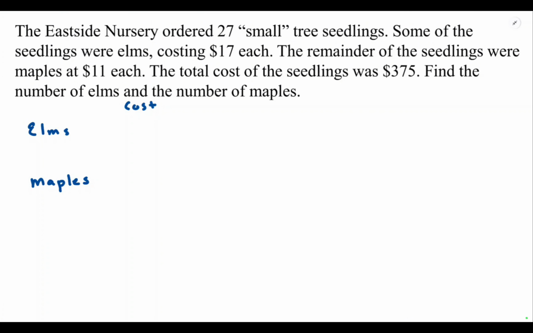The cost of the elms is $17 per seedling, each, and the cost of the maples is $11. We put dollar signs to signify that's money. Now, we're also trying to find the number of seedlings.